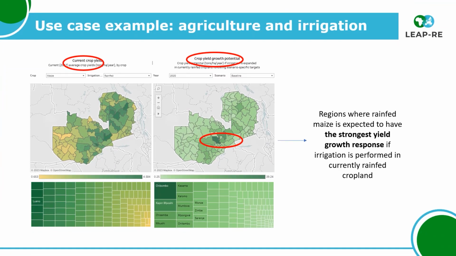Finally, it's really relevant to also observe the expected growth in the crop yield as a response to the provision of irrigation. This can shed light on which areas seem to have the greatest potential in terms of improving productivity thanks to irrigation, as well as where we can expect also a growth in the local crop processing requirements, so energy needs for agro-processing.